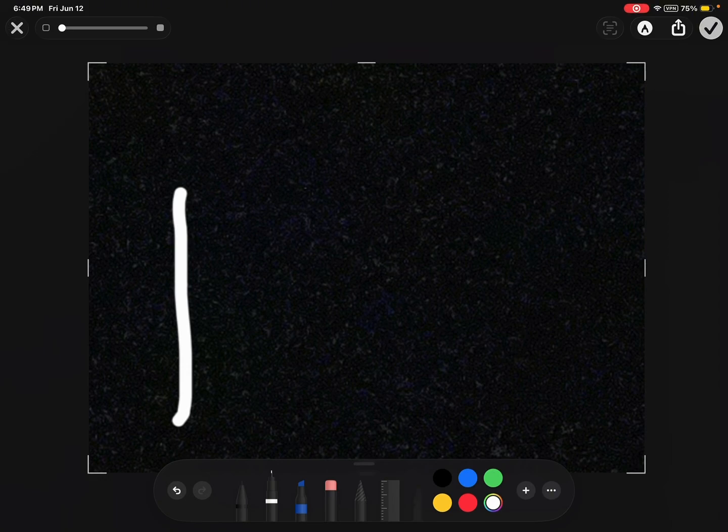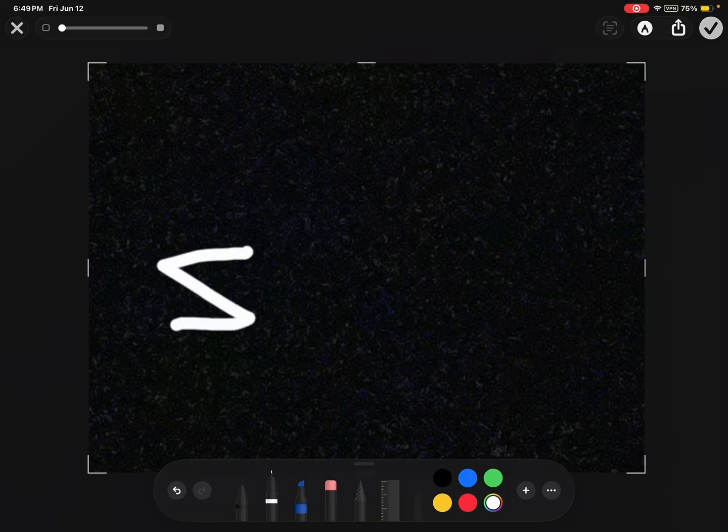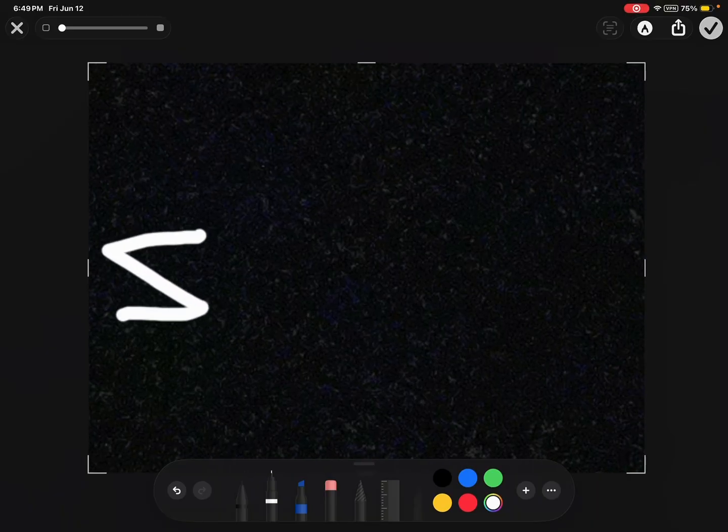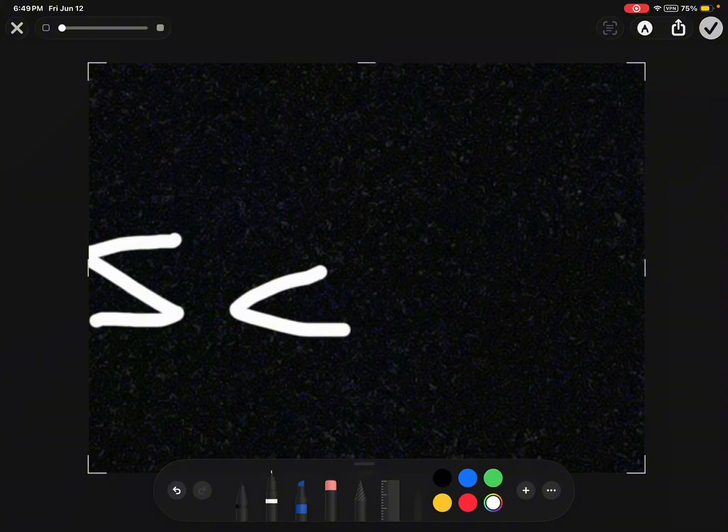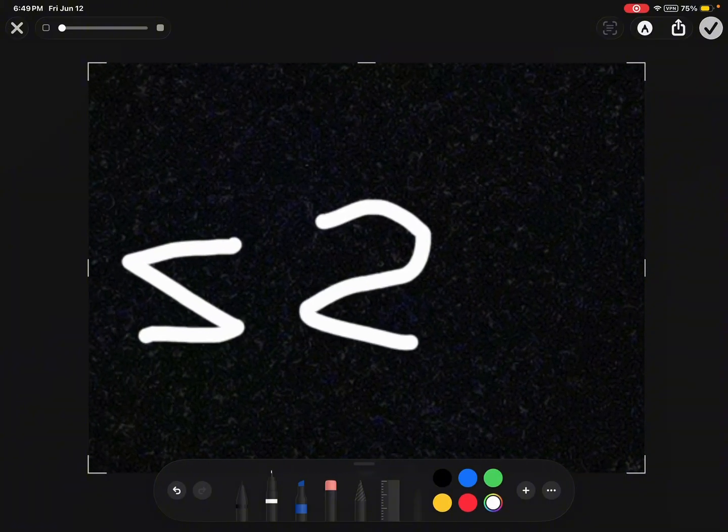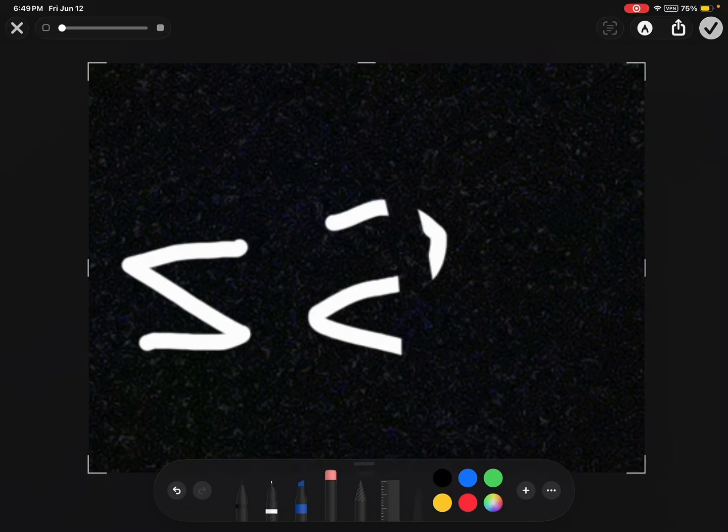For QRS. I don't know what S is. So S, it was like a backward kind of Z. And then lowercase is a forward Z. It's rounding the top. Oh my god, that's a 2. They wrote a Z again.